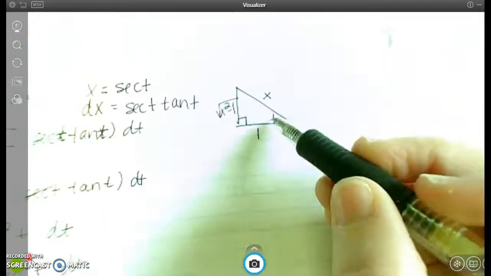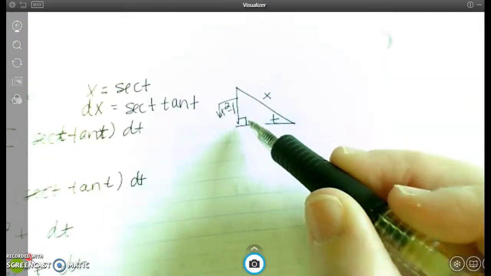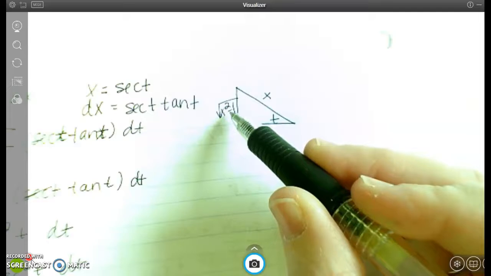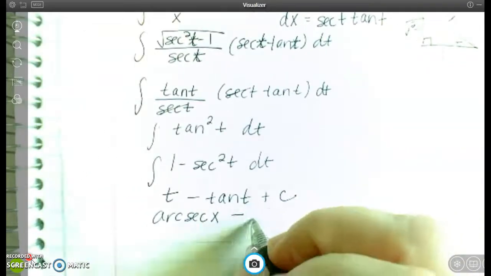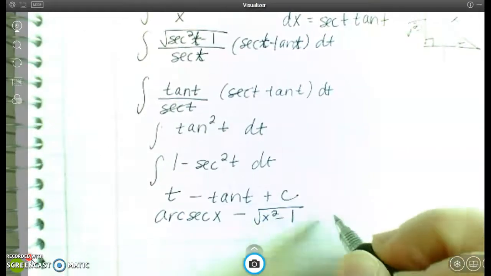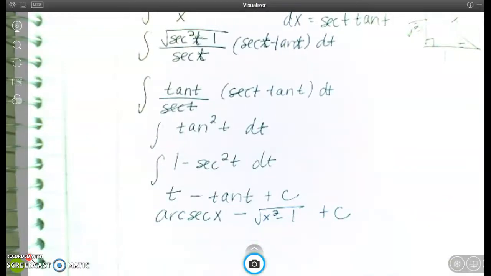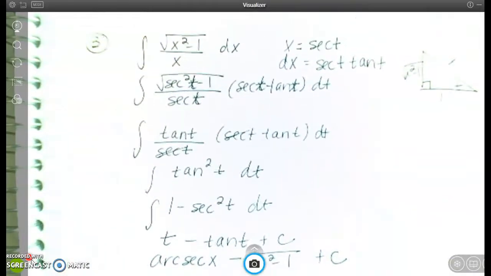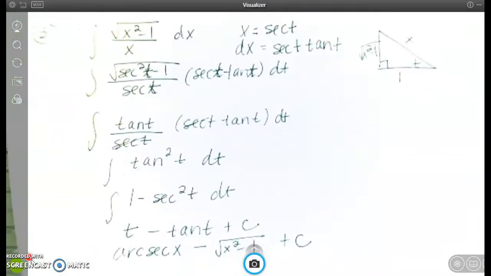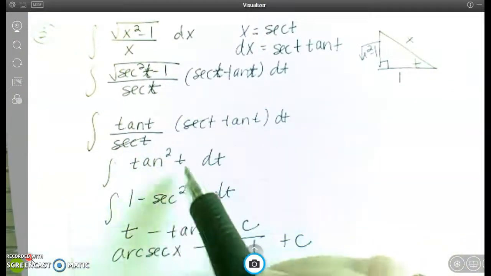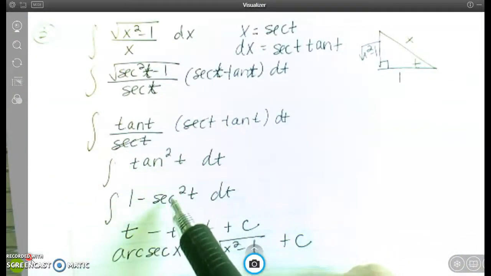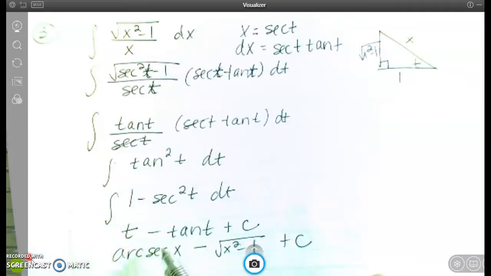So here is our t, opposite is that, adjacent is that. So we know that tangent of t is just the square root of x squared minus 1, and then we have our plus c. So all these problems are really similar. It's just after you substitute it in and see what you get, you have to think a little bit about how to solve it, and then go back in and substitute.